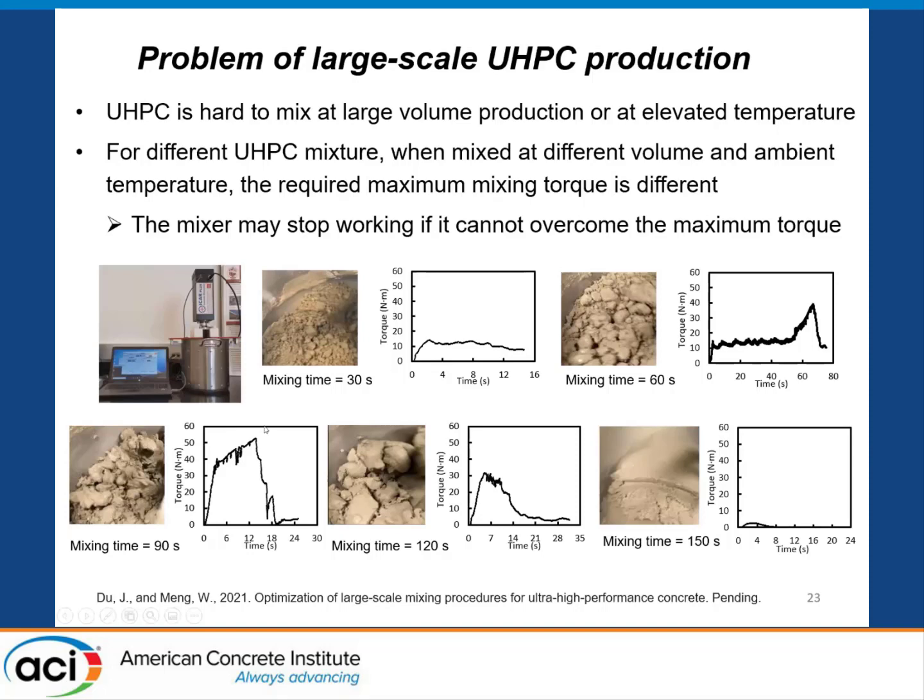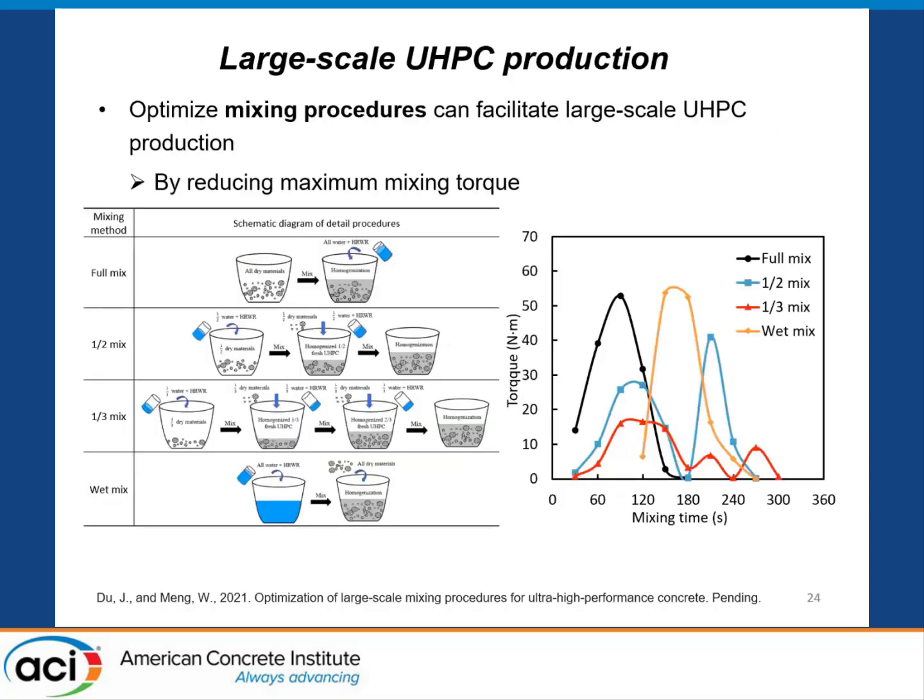That is why some mixers will stop working during mixing. So for different conditions, for example, UHPC with different mixture designs, different volumes, or mixing at different ambient temperatures, we may need to use different mixing procedures.